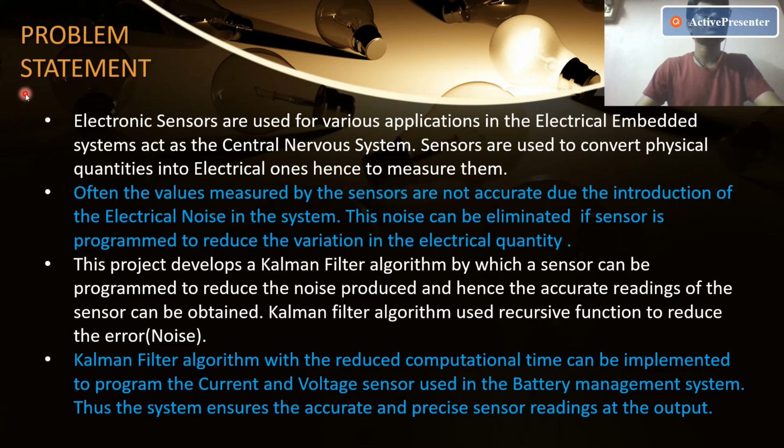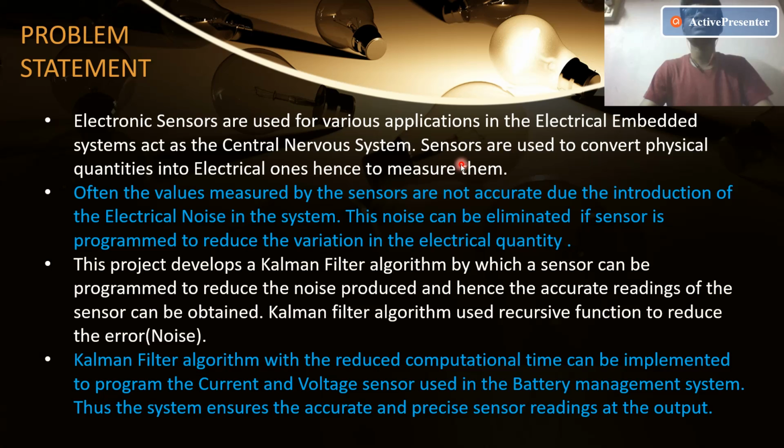So starting with the problem statement, our main aim is to implement the Kalman filter algorithm, and this algorithm is used to calibrate electronic sensors. Electronic sensors are widely used in industrial applications. In any industrial application, we make use of temperature sensors, humidity sensors, position sensors, and speed sensors.